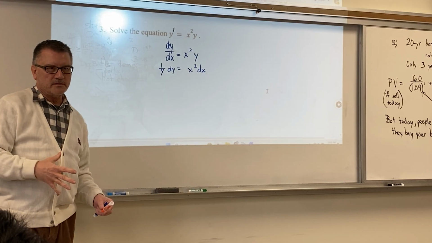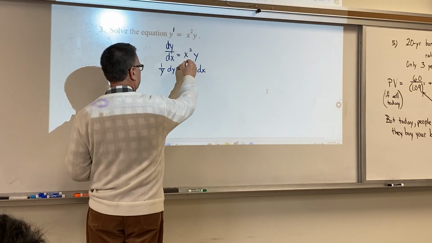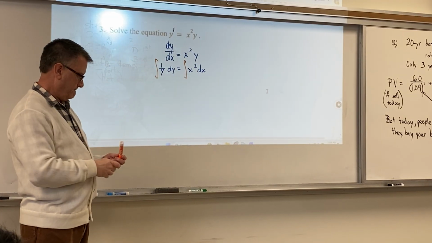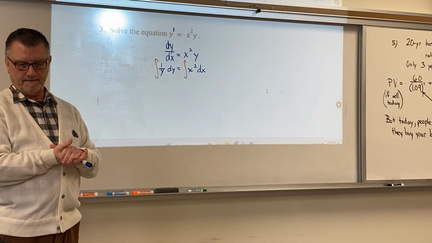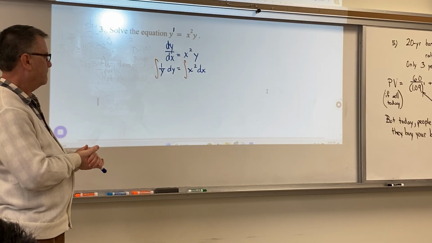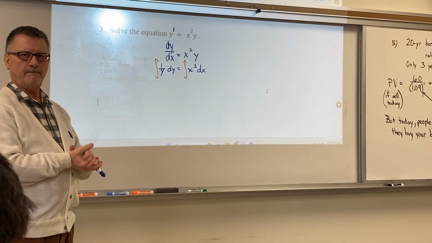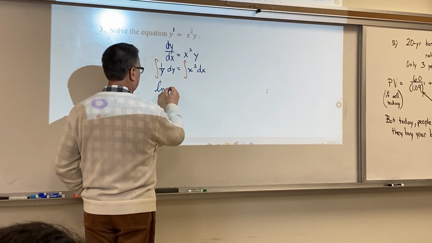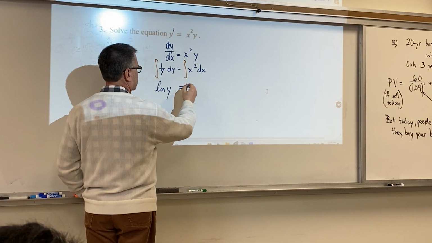If I can get all the y's on one side and all the x's on the other side, then I can just integrate in terms of equal variables. What's the integral of 1 over y? ln. Natural log. Plus some constant. We'll say that for the end.